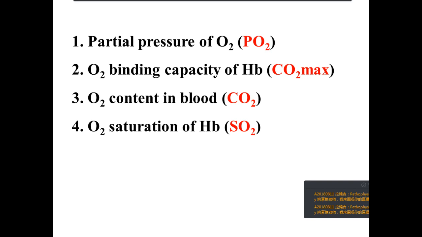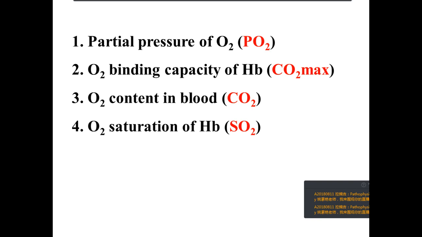Now, partial pressure of oxygen in venous blood is 60 millimeters of mercury. What can influence it? Internal respiration. If internal respiration is dysfunctional, does the parameter increase or decrease?